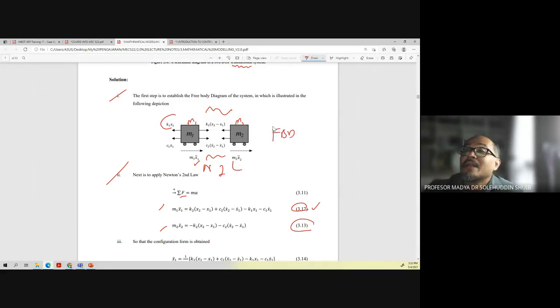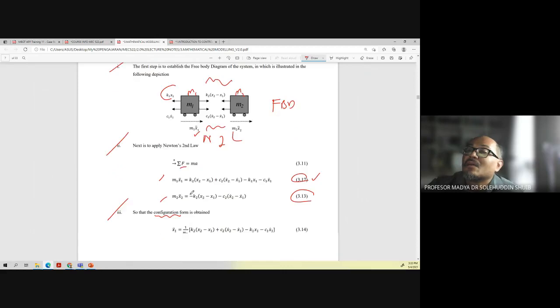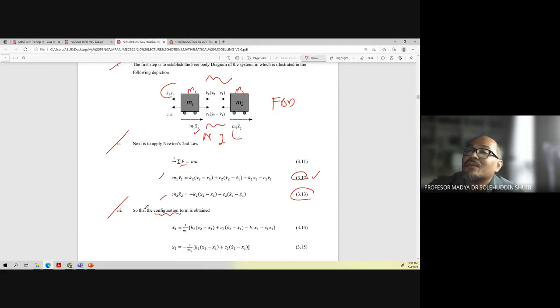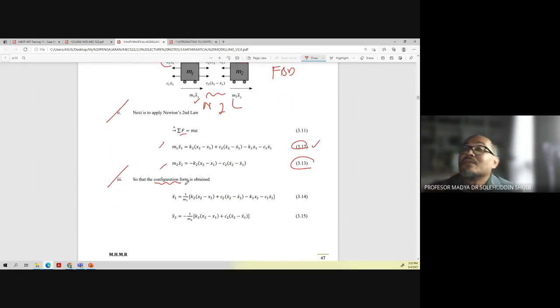Okay, the next step is we want to write in configuration form. To write in configuration form, we should write X double dot 1 and then X double dot 2. We need to write in this form. So we need to divide the first equation by M1 and the second by M2.